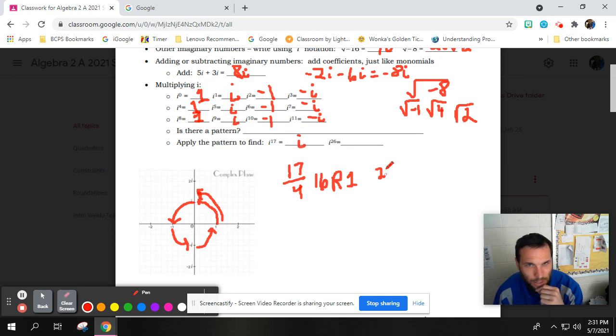And then 26 divided by 4. For this one, that would be 24. You can count 4, 8, 12, 16, all the way to 24 with the remainder of 2 to get to 26. And so it would be the same thing as i squared, which is -1.